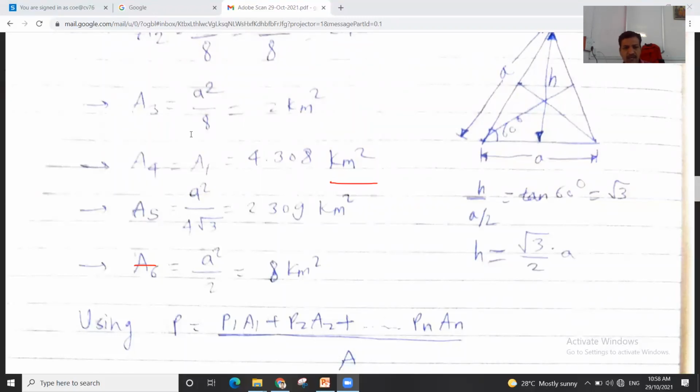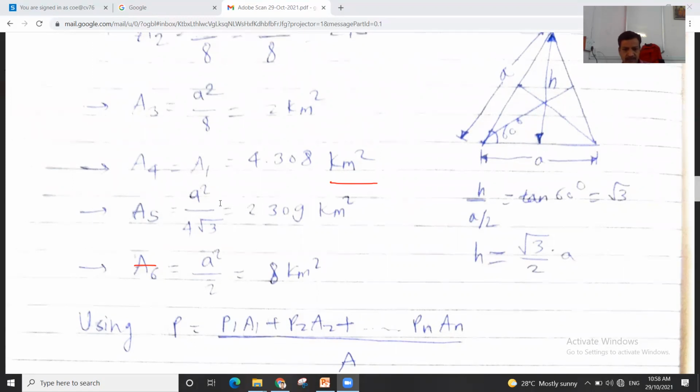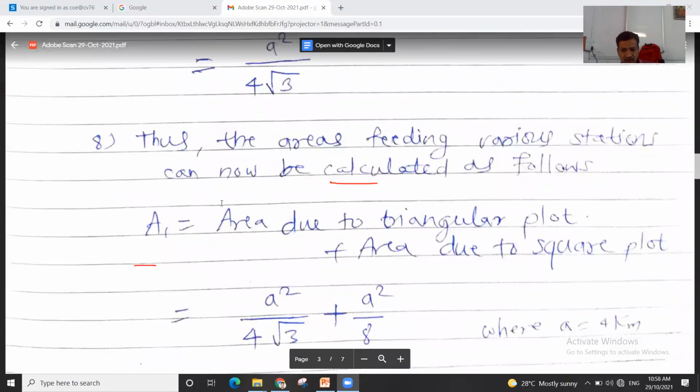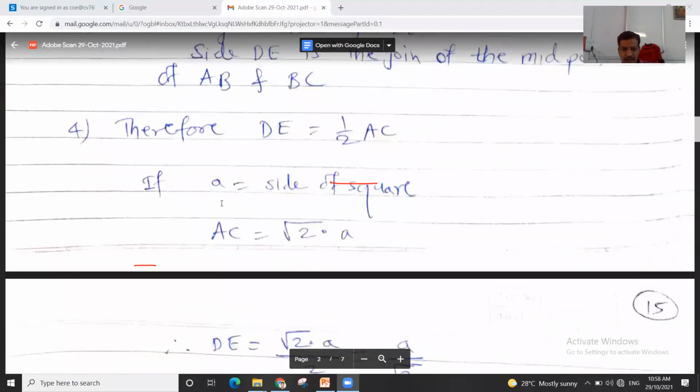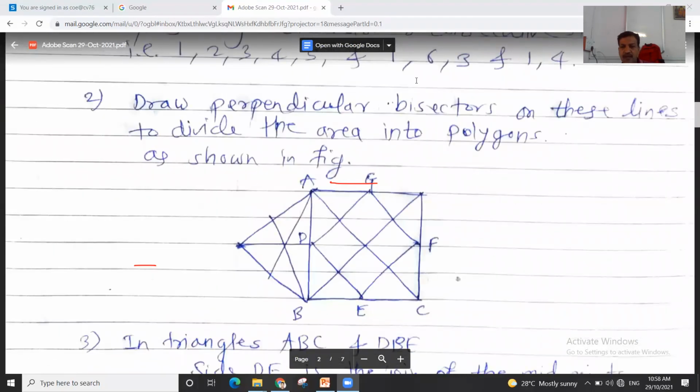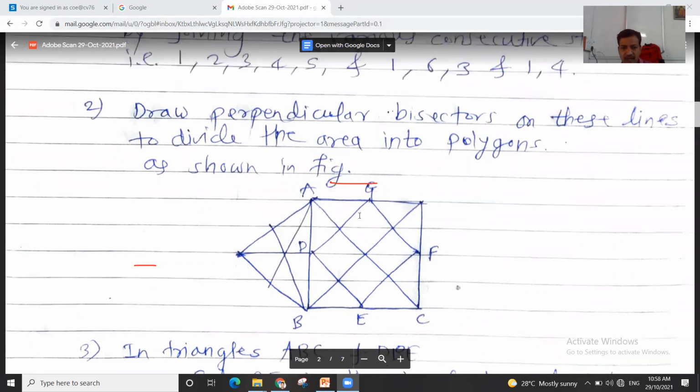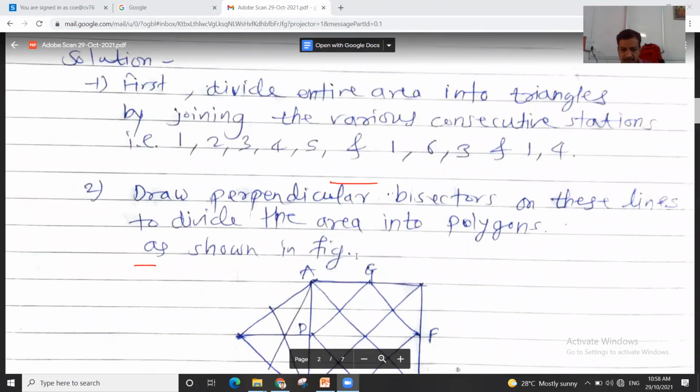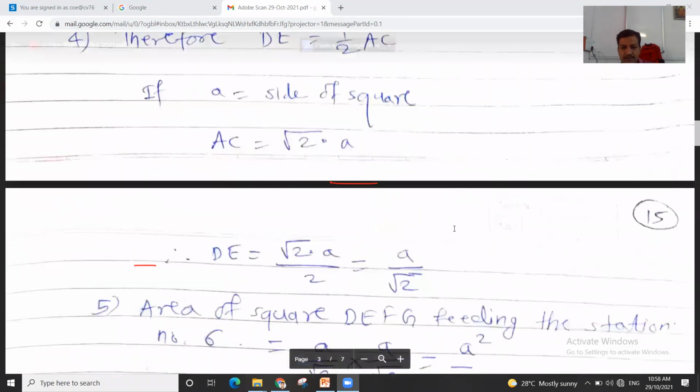Put these values of A into this equation. So we have to divide this entire polygon into various areas, various parts. Okay, various parts मध्ये divide केलेलं आहे. Okay.